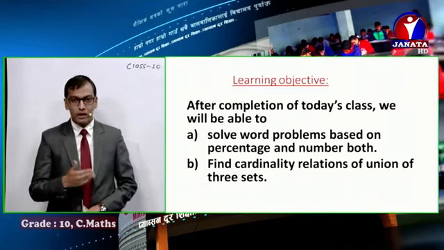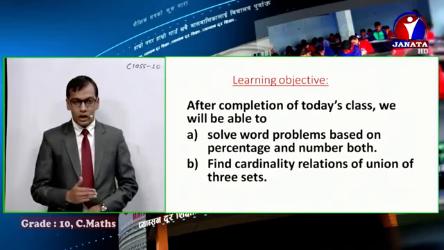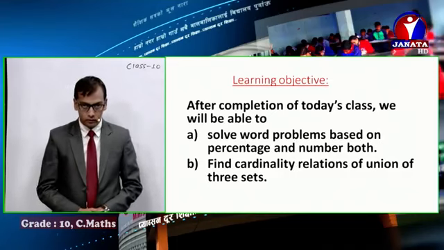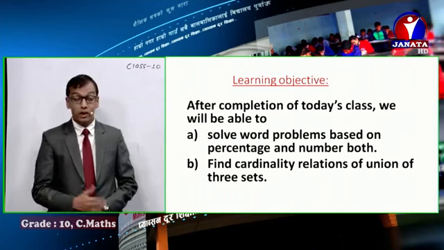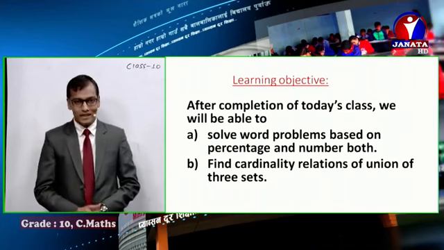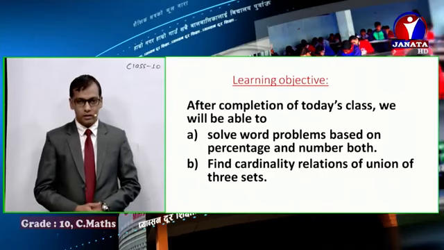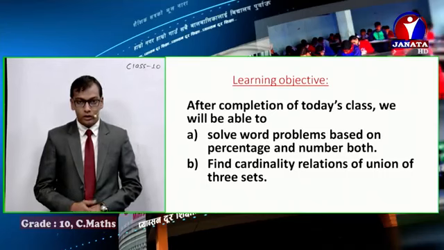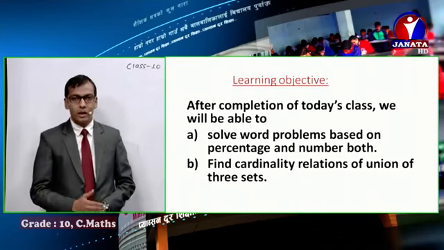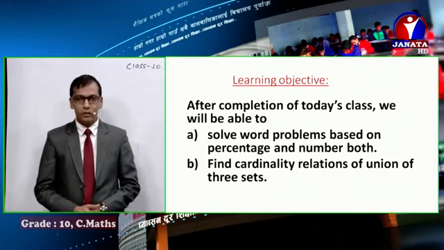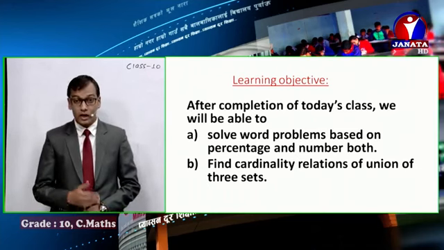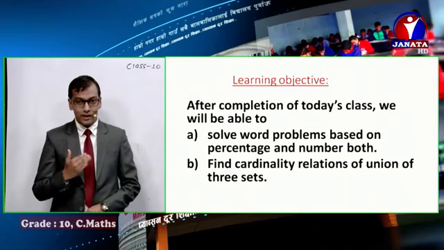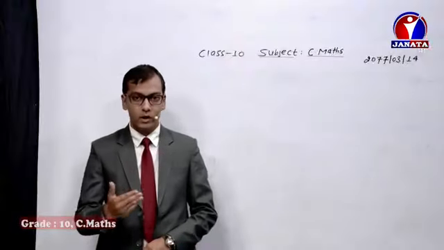After completing it, we will complete the first exercise, the problems based on two sets, and then we will try to move into the next topic for today's class, which is cardinality relations of union of three sets. I will try to cover that topic if possible today.